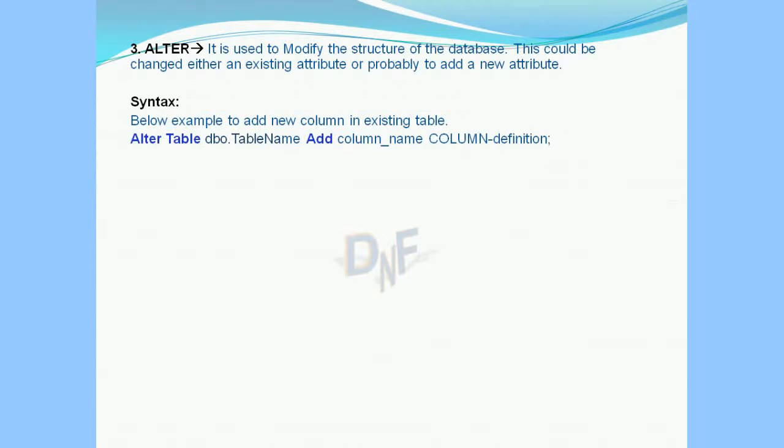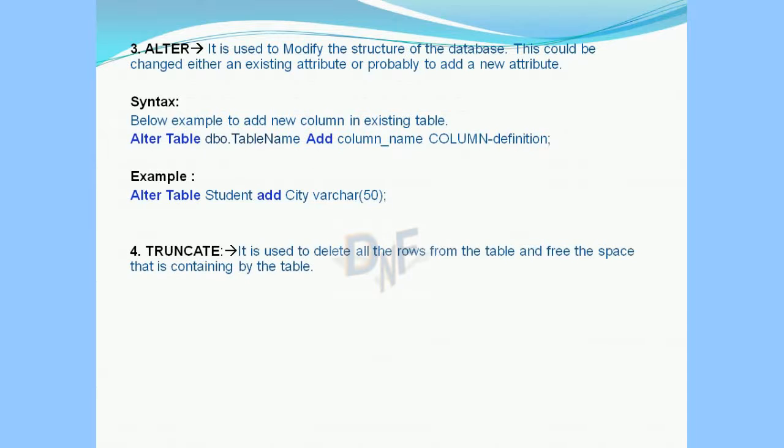We just type alter table name, add column name, and its definition. Definition in the sense of what kind of data type you are going to use for that new column. For example, if you want to add a city column in a student table, you just type alter table name and add city as a column, and the column type is varchar.